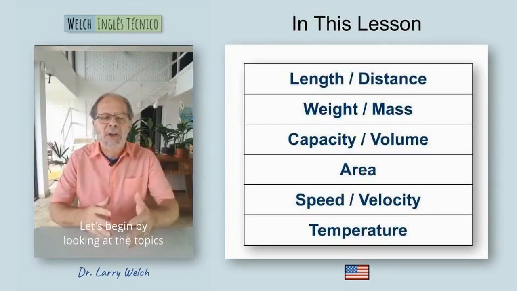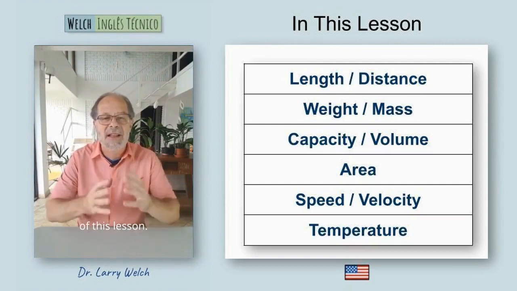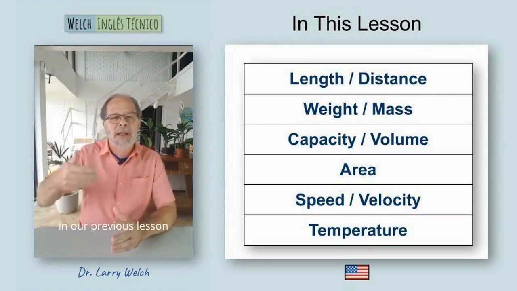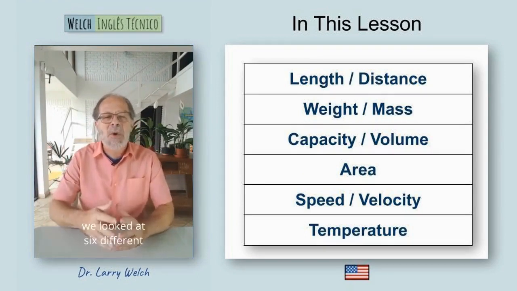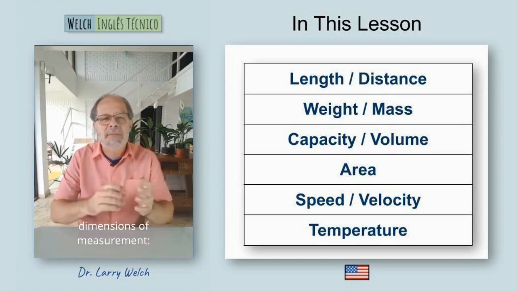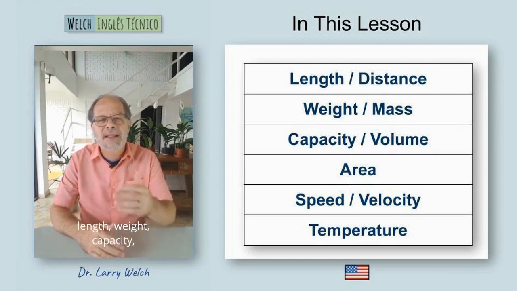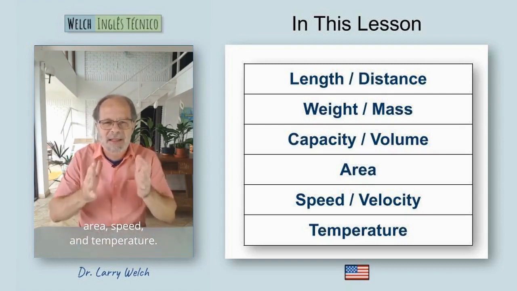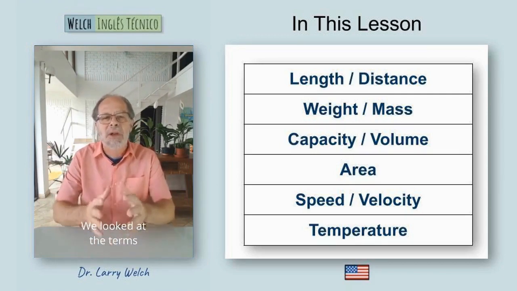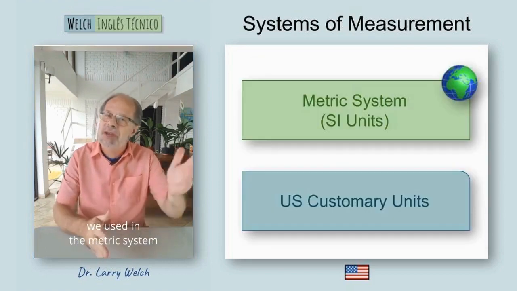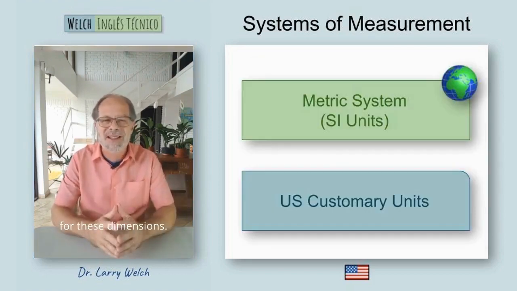Let's begin by looking at the topics of this lesson. You'll remember that in our previous lesson, we looked at 6 different dimensions of measurement: length, weight, capacity, area, speed, and temperature. We looked at the terms we used in the metric system for these dimensions.